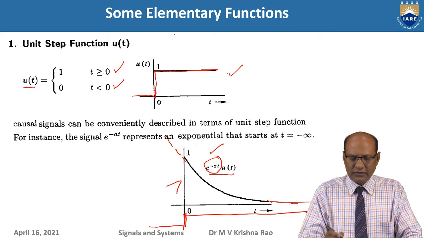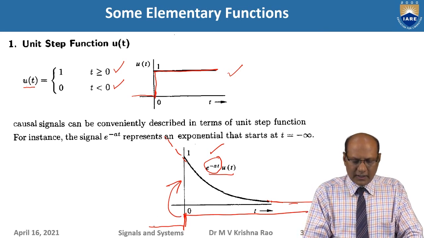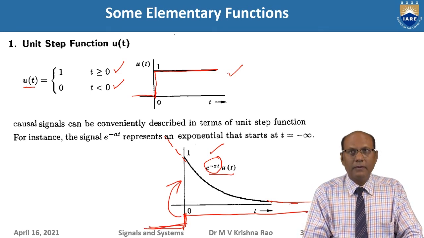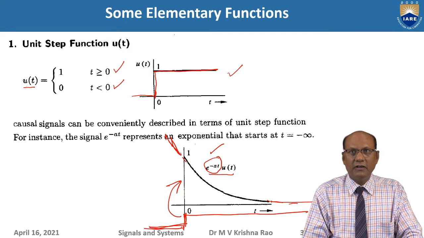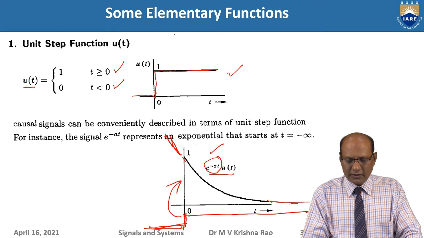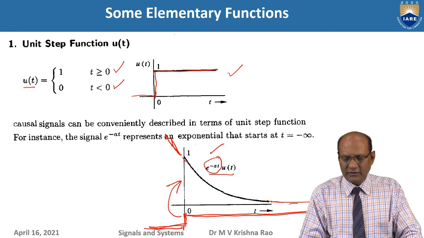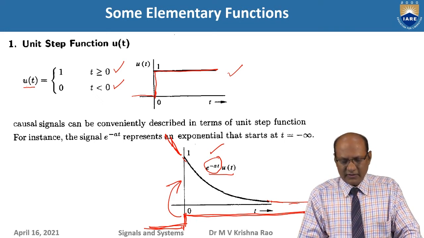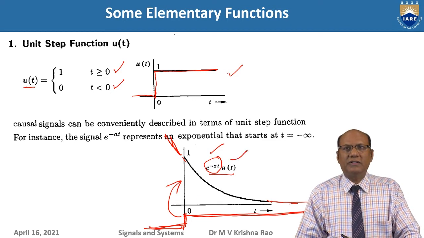So what is happening here? It is equal to 0 here, so 0 multiplied by this part of the signal will become 0. And this part, it is always existing unity from minus infinity to plus infinity. So when I multiply, I have a signal which is time limited between 0 and plus infinity. So that means the given function is multiplied with the unit step function.